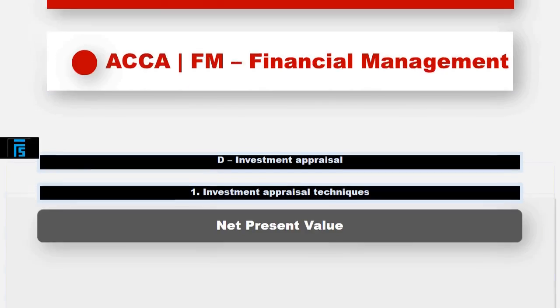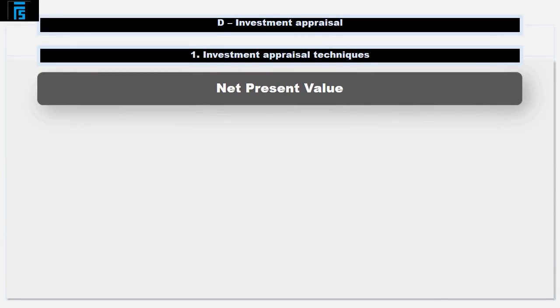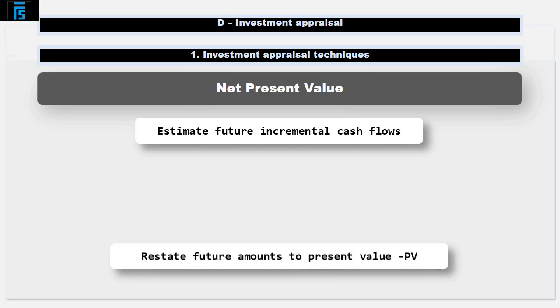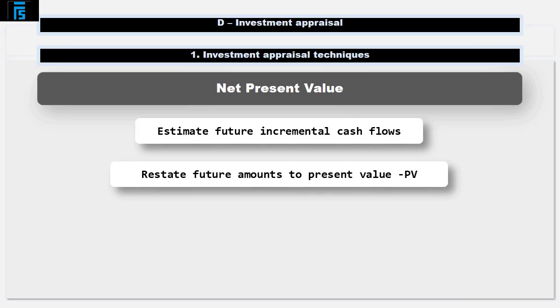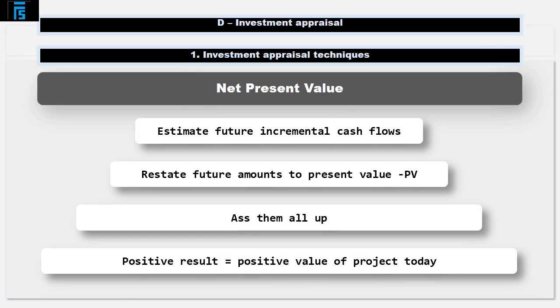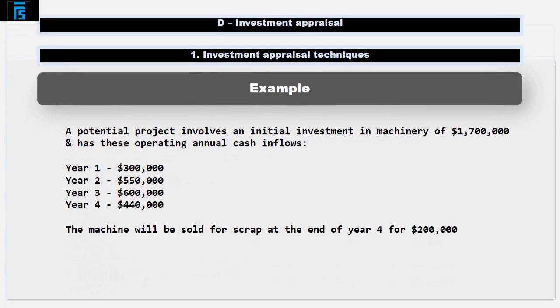With NPV, the basic approach is to estimate the future incremental cash flows associated with an investment opportunity and restate all those future amounts to present value equivalents by discounting them. If we then add them all up, and if the answer is positive, then the project has a positive value in today's terms.